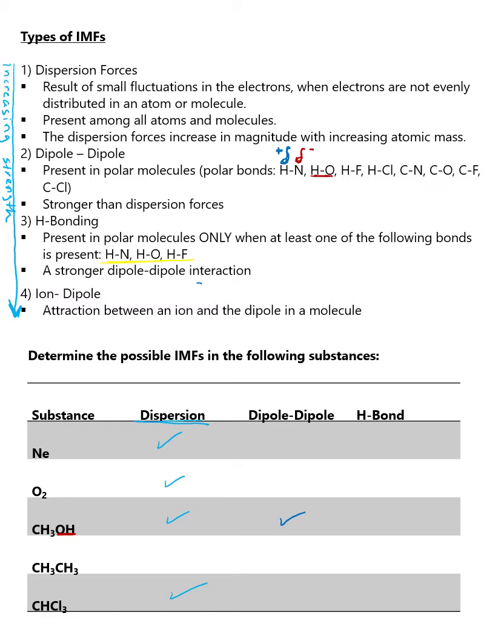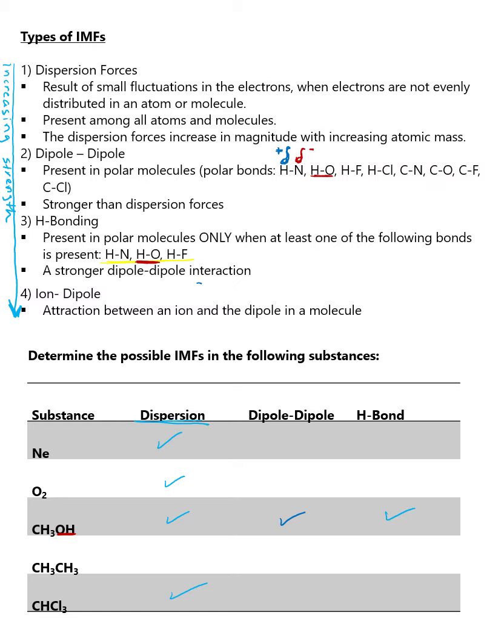A bond between oxygen and hydrogen is listed right here as a bond that is going to give you hydrogen bonds. So besides having dipole-dipole in methanol, you also have hydrogen bonds.